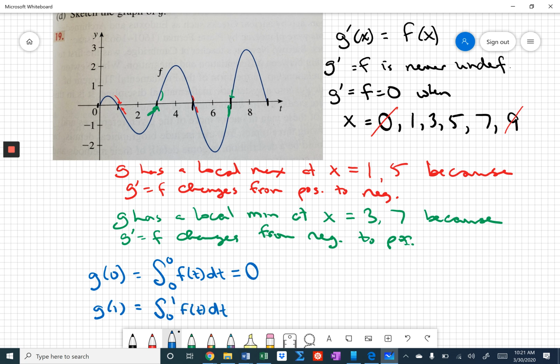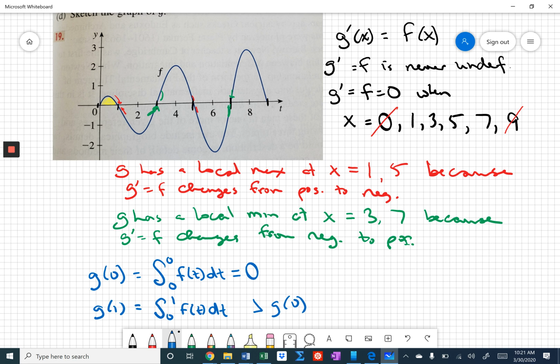And if we use our graphical interpretation, we're just talking about the area of this shaded region right here. Now that's a positive number. So clearly g of 1 is greater than g of 0, because g of 1 is positive, g of 0 is 0.